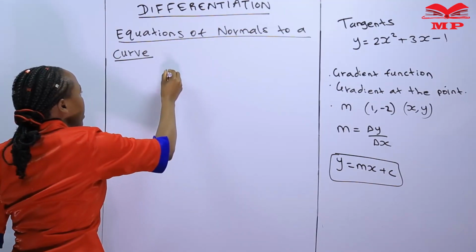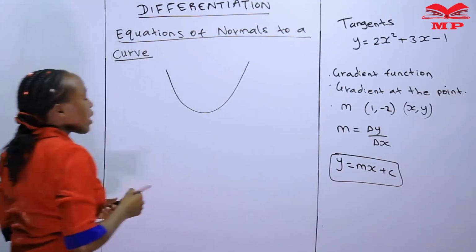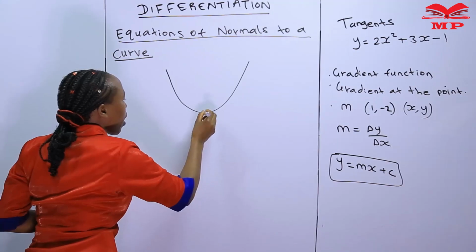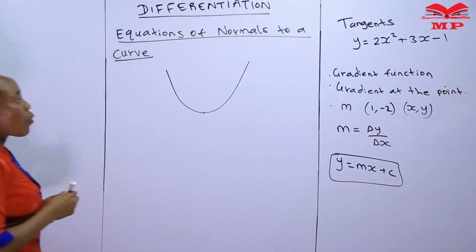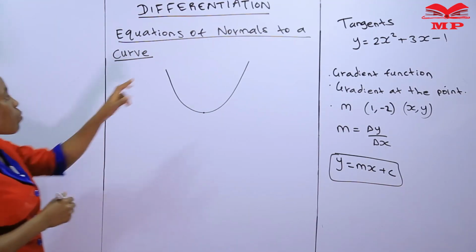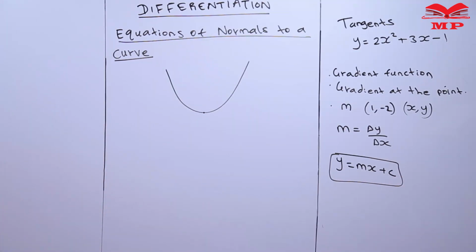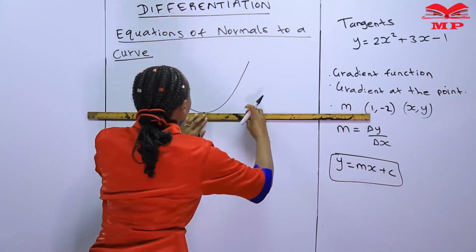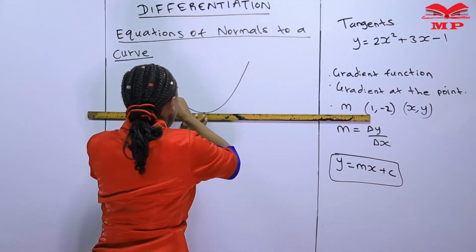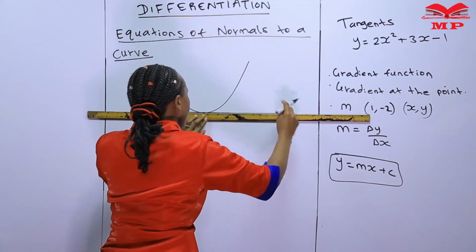If you consider this curve here, and we have our point here, and we want to know what we mean by normal at a certain point. If we have our tangent touching that point, this is our tangent.